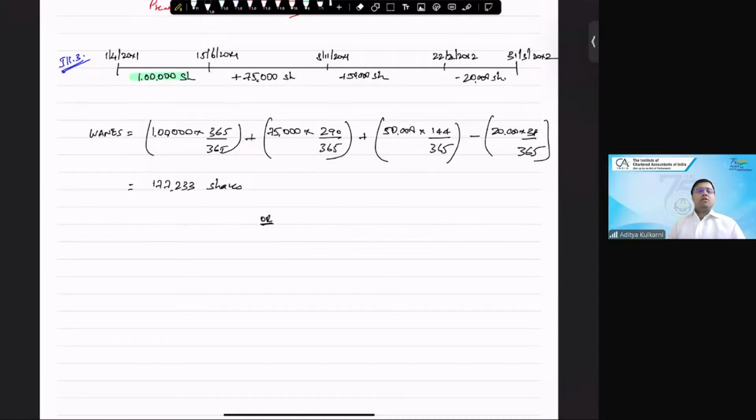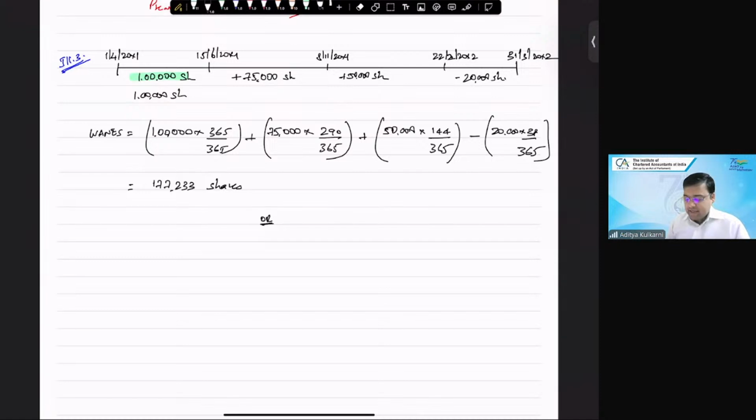And the study module also has given this. So this method is perfectly fine. But what it requires from your side is to be very alert about the changes in the capital structure. You will have to read and revisit it multiple times. Alternatively, what you can do is you have this timeline in front of you.